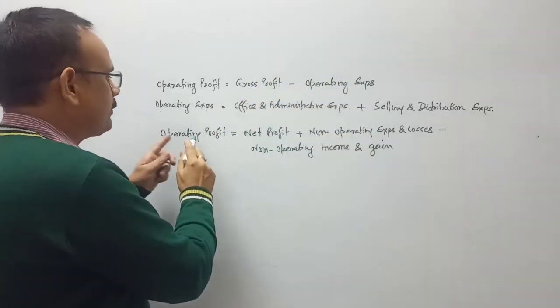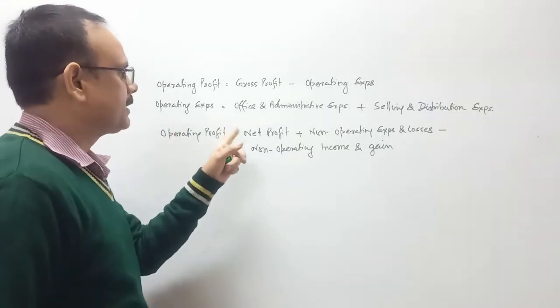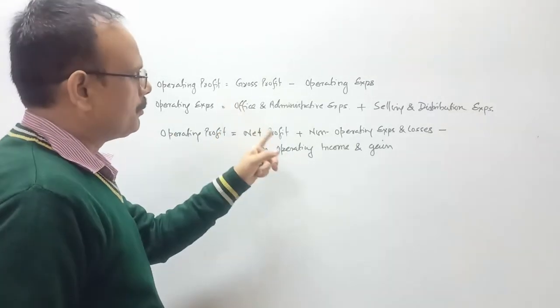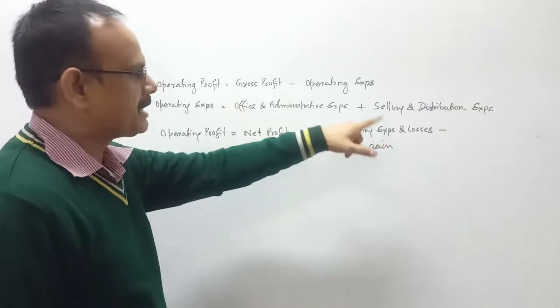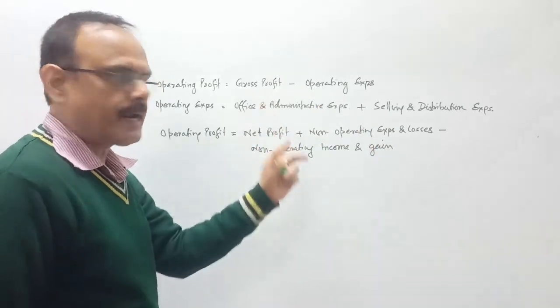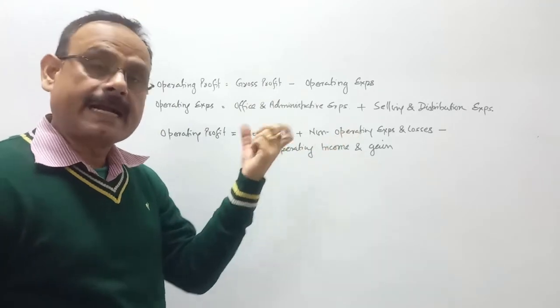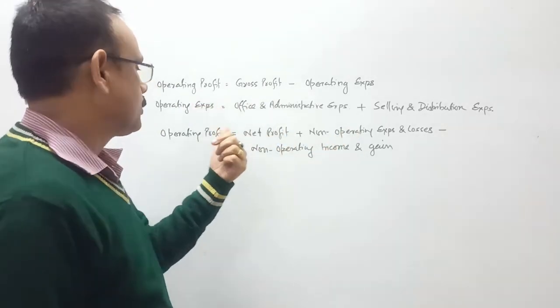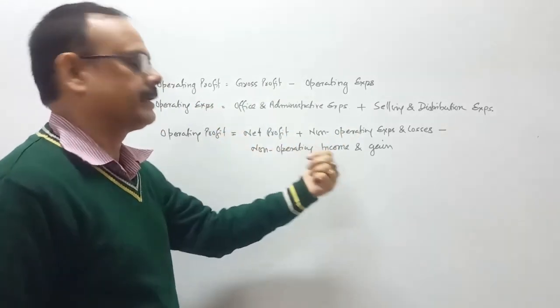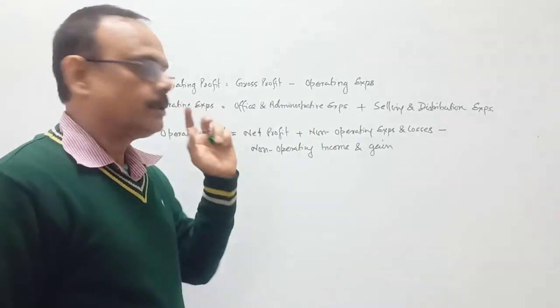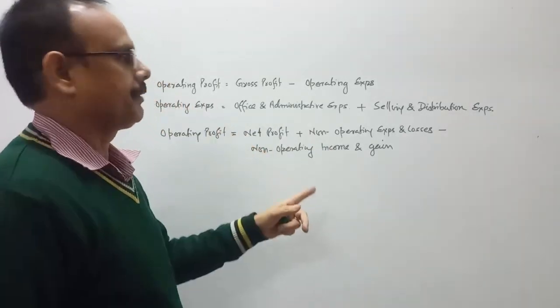From the net profit side, net profit plus non-operating expenses and losses, and deduct the non-operating incomes and gains, which were already added while calculating the net profit. Then we will get the operating profit.